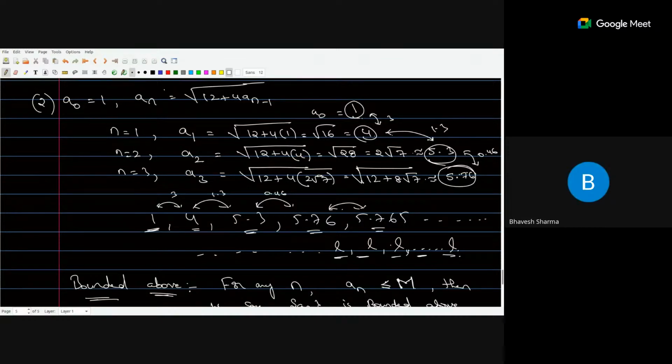Yes, sir. Actually, it is the difference that cannot go above L, right? Not any number in the sequence. It's only the difference between subsequent terms in the sequence that will go to 0, right? So if it goes to 0, how will the sequence look? Constant, right?